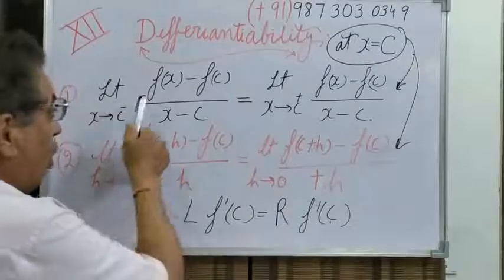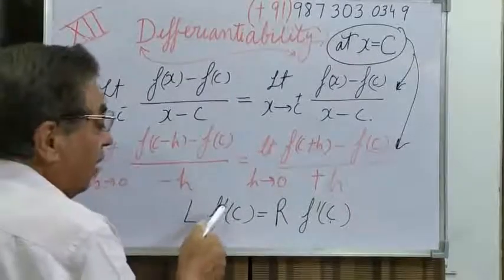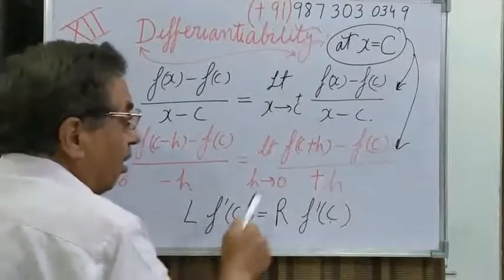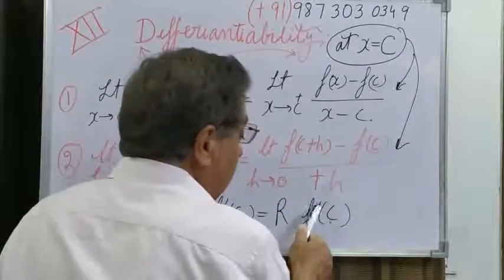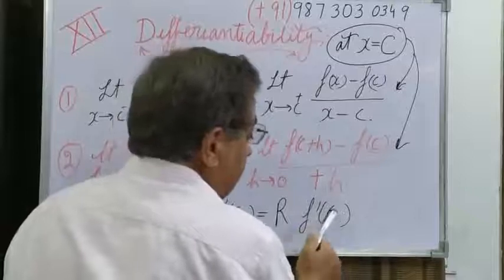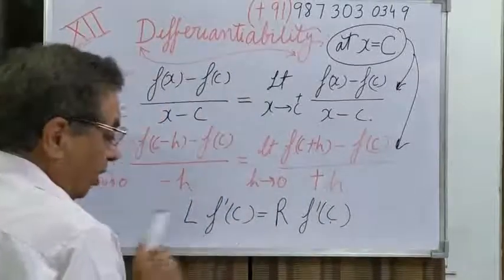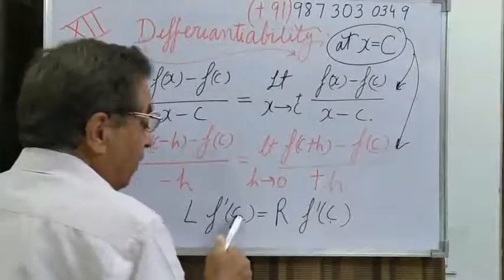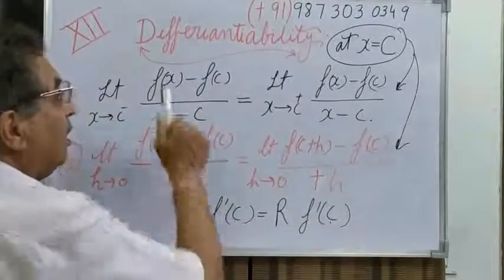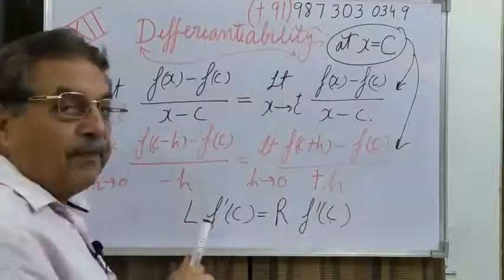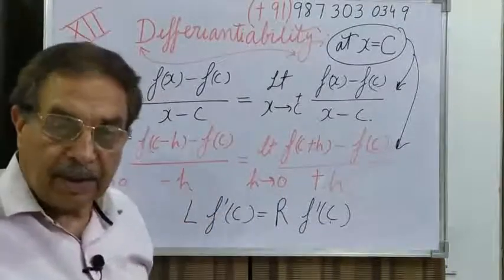This will be called the left hand derivative of the function at c, or this will be called the right hand derivative, f dash at x is equal to c. In this way, if the left hand derivative at c and the right hand derivative at c both come to be equal, we say the function is differentiable at x is equal to c.